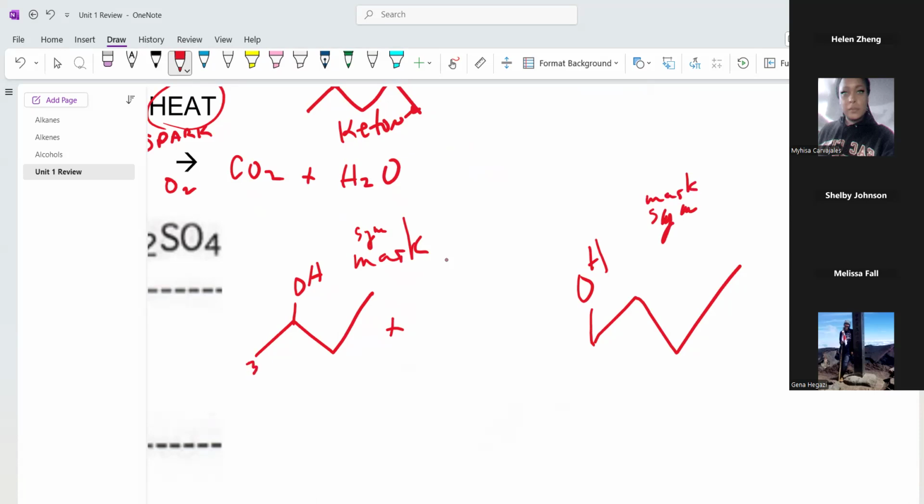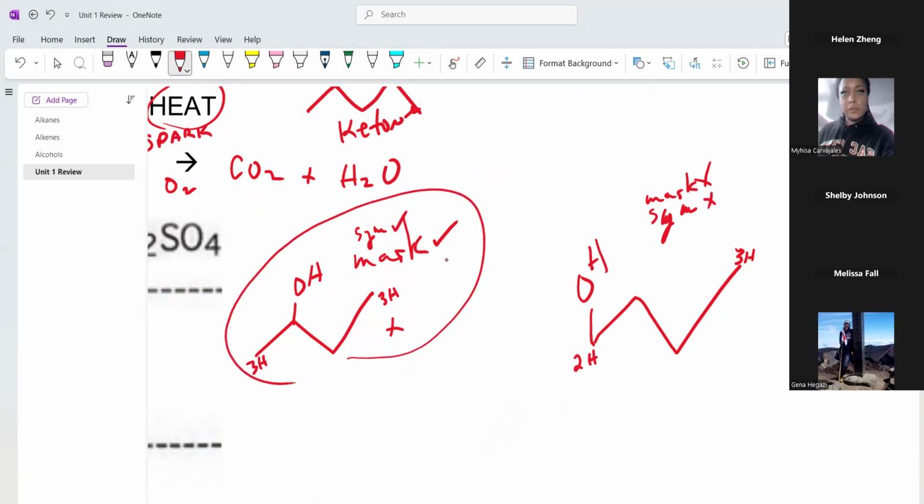Okay, so we have 3 hydrogens here, 3 hydrogens here, 2 hydrogens here, 3 hydrogens here. So that means Markovnikov wins out here. And they're both lopsided, but this one is less lopsided, the one on the left. So that one's going to be the more stable one.